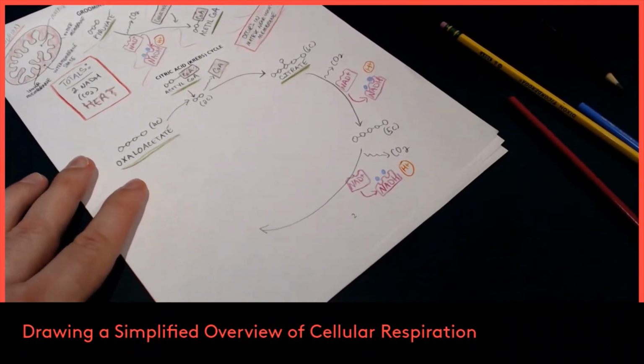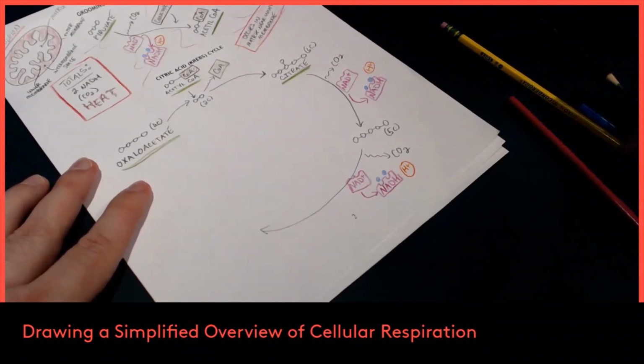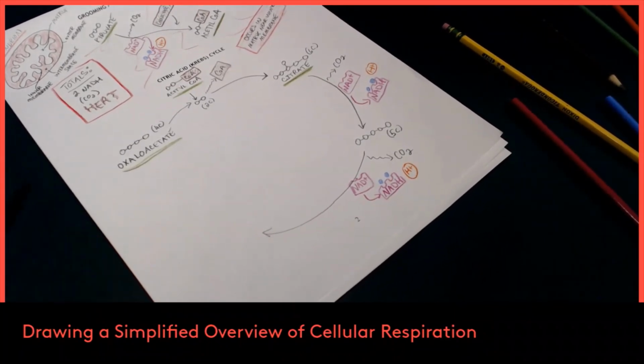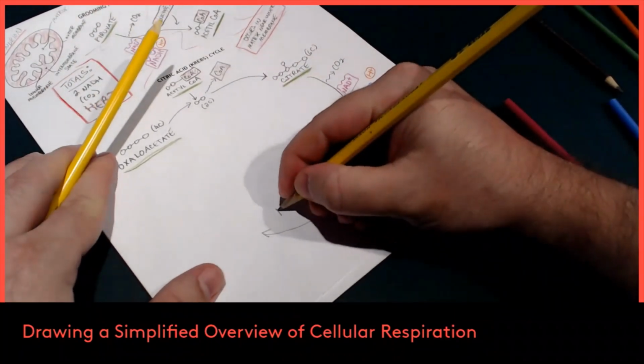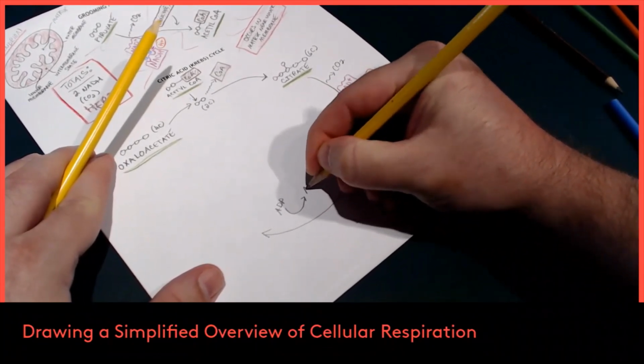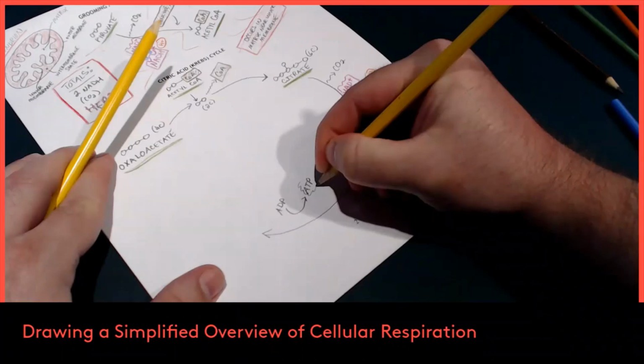Now something else happens at this step, which is interesting. We actually have this inorganic phosphate floating around. So we have ADP coming in here, and we make some ATP. So that's cool.